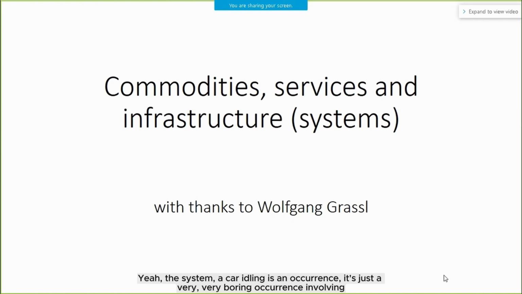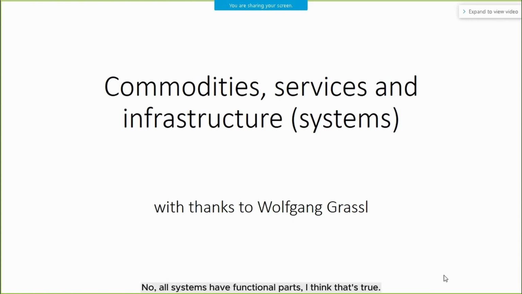It's just a very, very boring current involving no change at all, just sitting there. Nothing turning over in the engine. There'll be, at the subatomic level, a huge amount of activity, but at all the levels which are important for us, there'll be no activity at all. So I agree. It's not a state. It's just a very, very, very boring process.